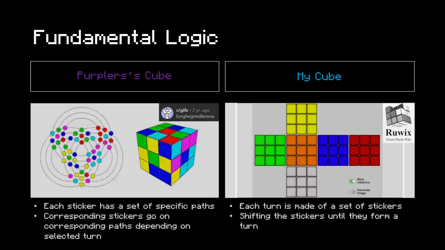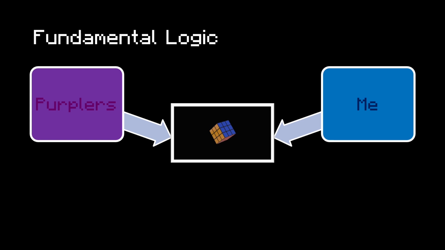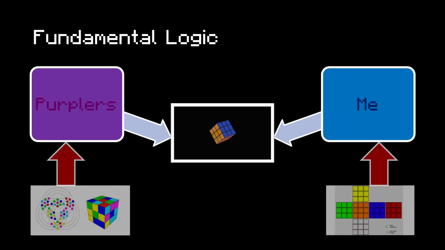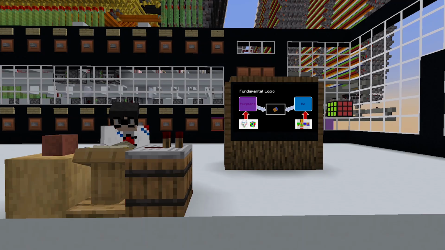So from this, you can clearly see that even though both Purple and I have the same goal of making a 3x3 Rubik's Cube, the approaches to the problem are two completely different approaches, which is super interesting in my opinion. Now I will go in depth into how I did my logic.